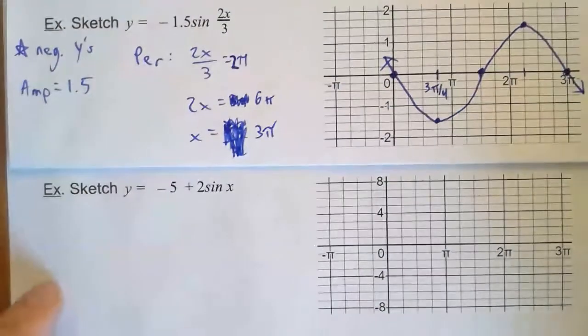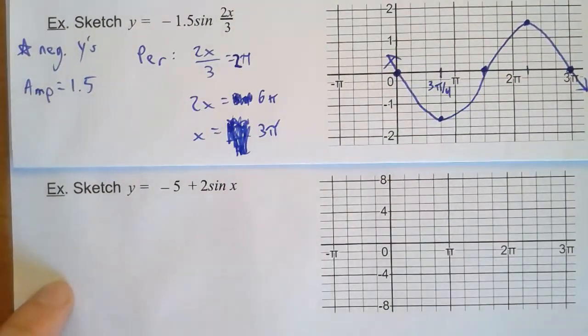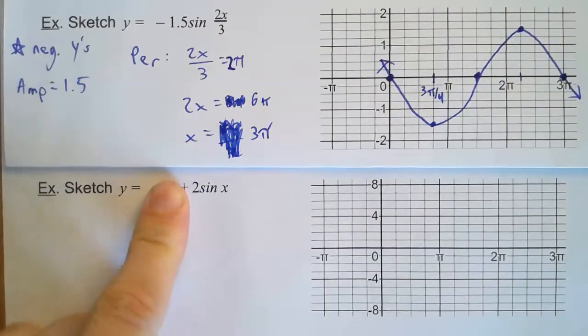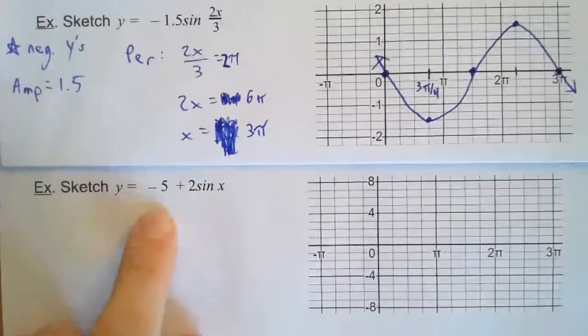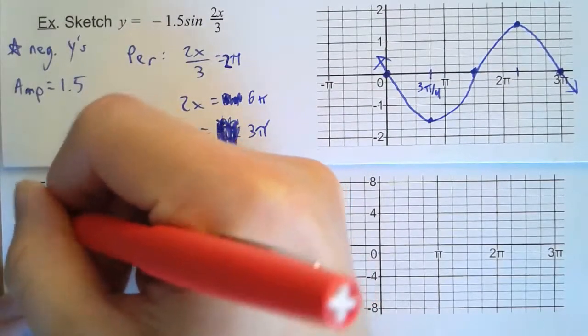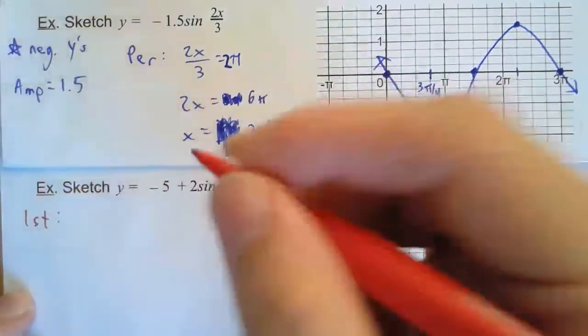The easiest way to do these is to do it in 2 steps: graph this, and then take every point and shift it down 5. You can try to do it in 1 step if you think you can figure out where all the points are going to be, but if you have any trouble at all, just do it in 2 steps.